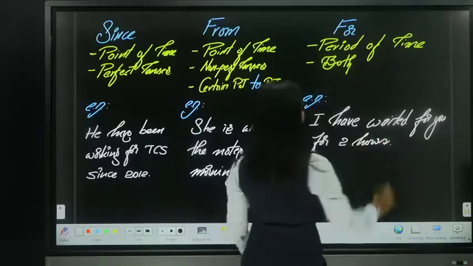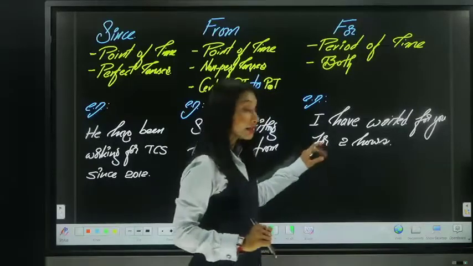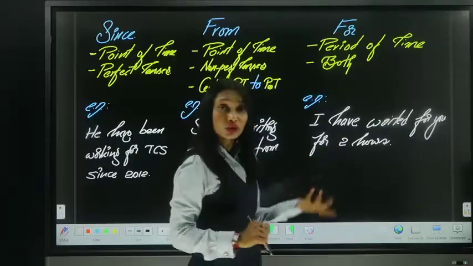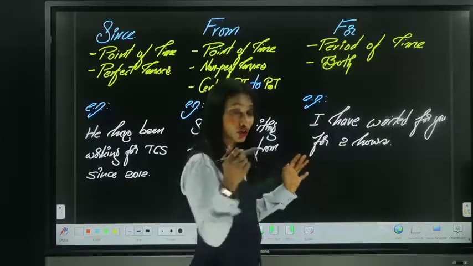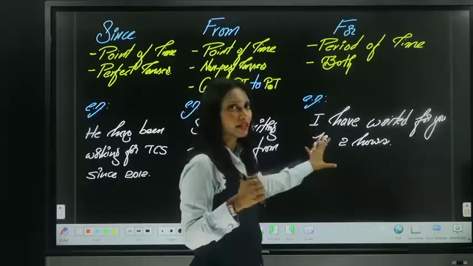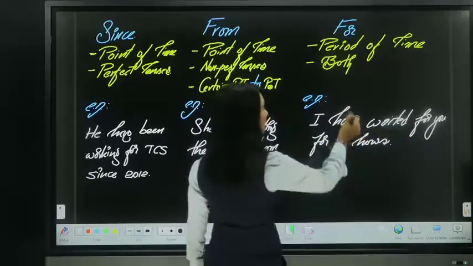For indicates period of time, 2 hours. Which 2 hours? From when? There is no particular time mentioned. No point, only period. 2 hours is a period. Now, have waited is perfect tense.